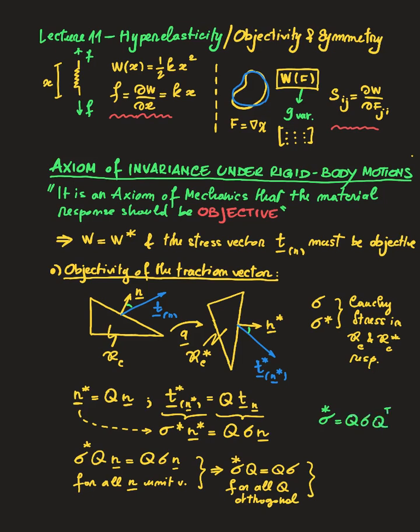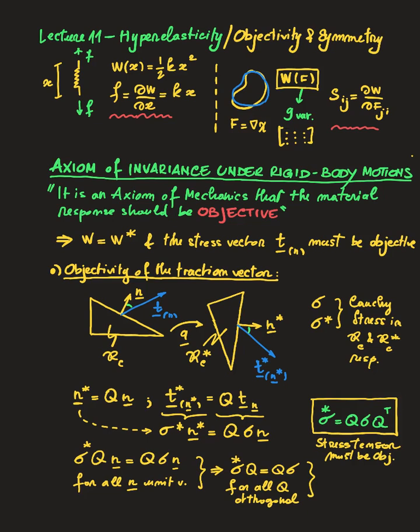Based on the lecture of last time, you can immediately recognize that this requirement boils down ultimately to the requirement that the stress tensor must be objective. Okay, so this is the first interesting characterization we did.